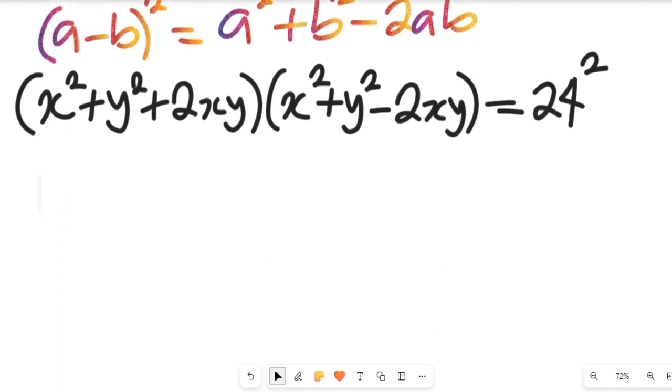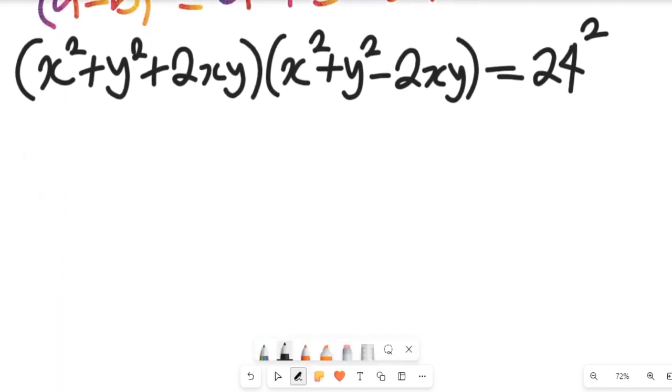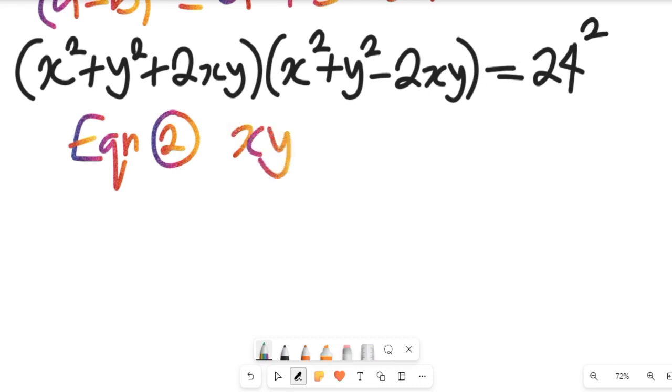Now we need to recall from equation 2 that xy is equal to 35. So we are going to insert the value of xy into this expression.